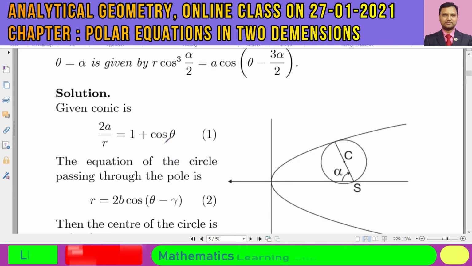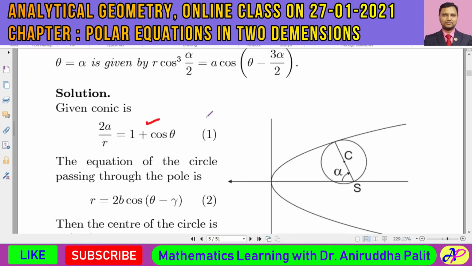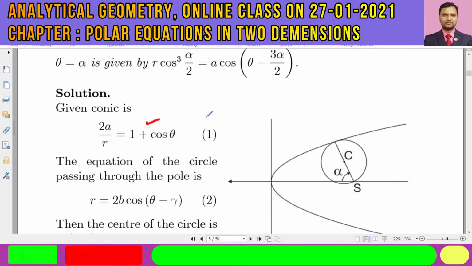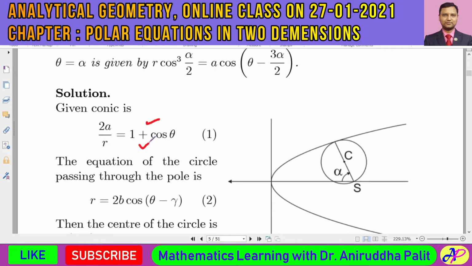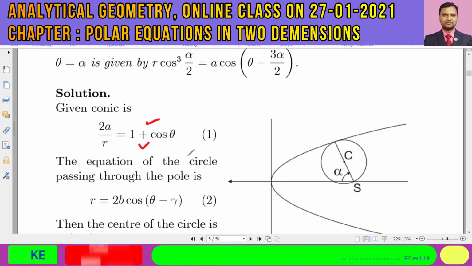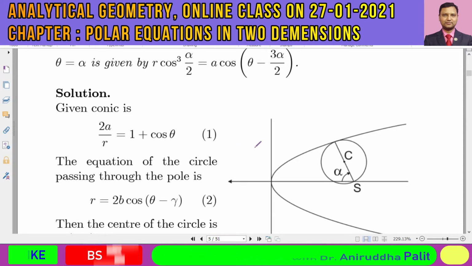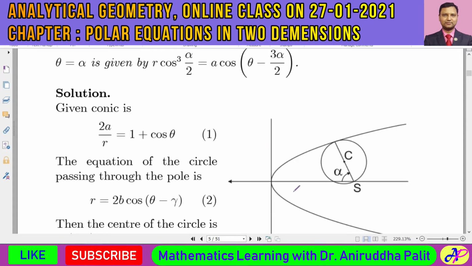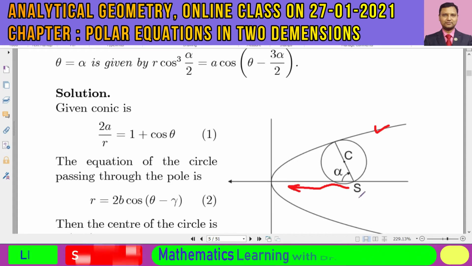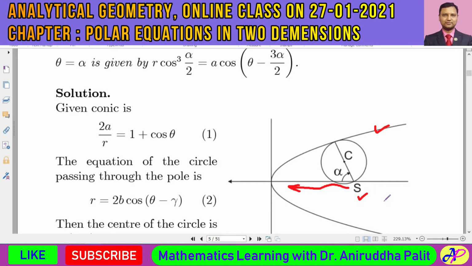We can consider this kind of equation. You see, the equation of the conic is given in this way: twice a by r is equal to 1 plus, not minus, 1 plus cos of theta. What is the meaning of plus? It means that the directrix and the initial axis of this kind of curve, say this is the parabola, are situated in the same direction with respect to the focus S of the conic.